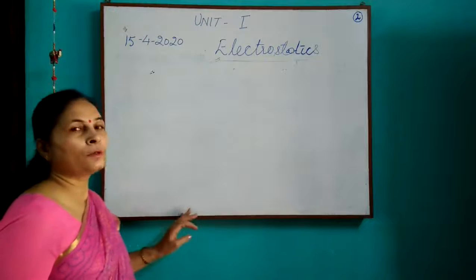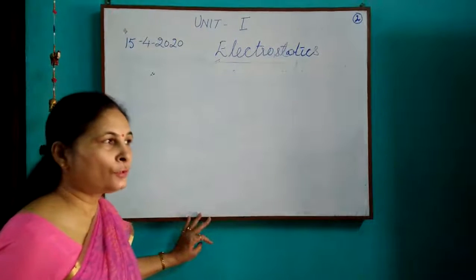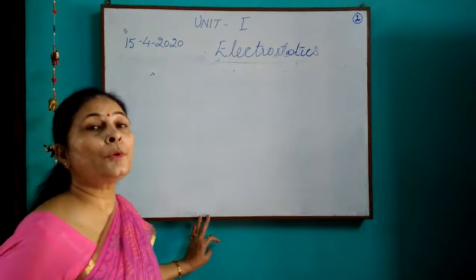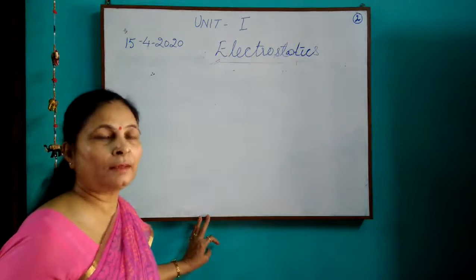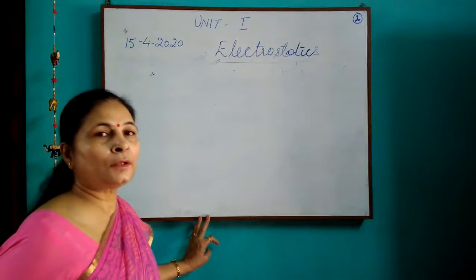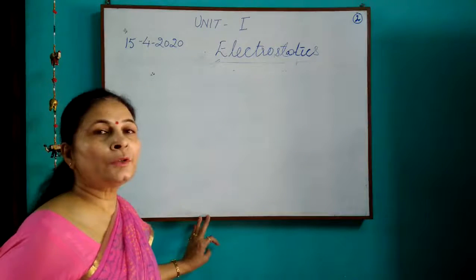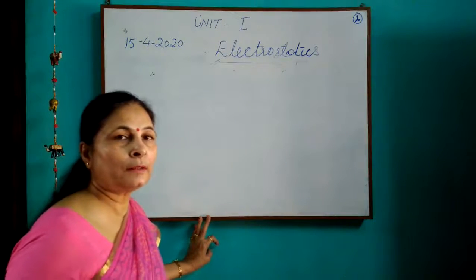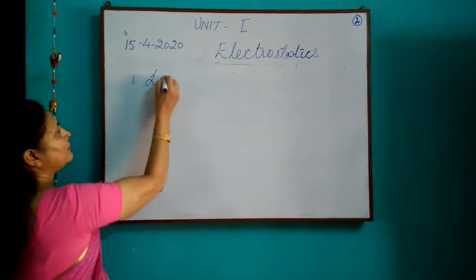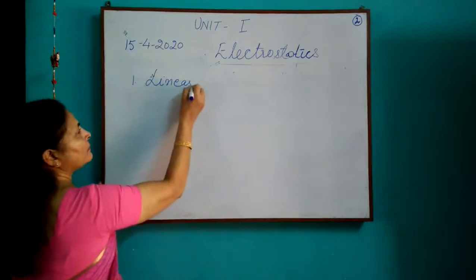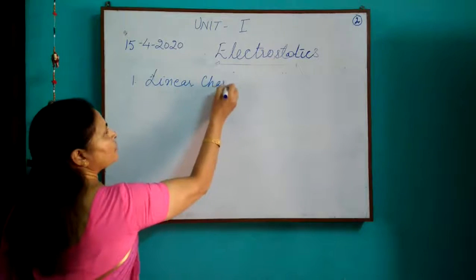Now we'll talk about how Coulomb's law can be used when the charge is not a point charge, but is distributed over, say, a given line or a surface or a volume. Suppose the charge is distributed over a given line, that is known as linear charge distribution.